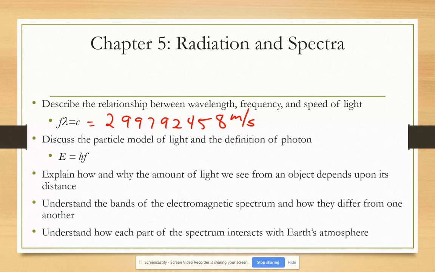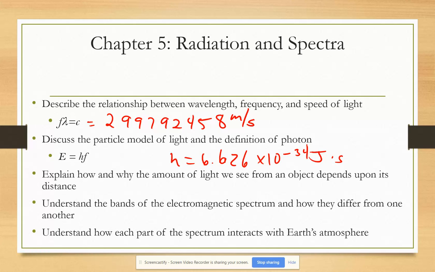So for a given frequency, you can have 1 times hf is the energy, or 2 times hf, or 3 times hf, where h is Planck's constant, which you don't have to have memorized, but h is just a constant. So energy comes in discrete units, and since it comes in discrete units, we call those units photons. Photo for light, on to sound like a particle. So the particle of light is a photon with energy hf.